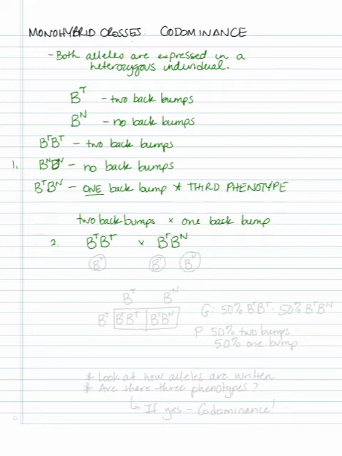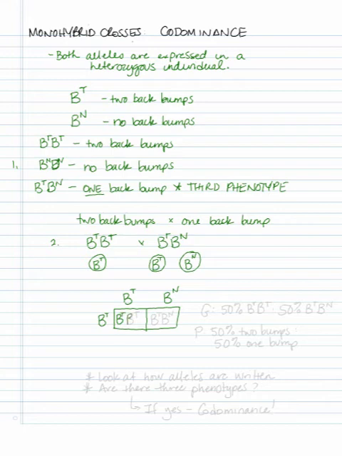Next, we've got to figure out the gametes. Well, this parent, since it only has BT, can only give a BT. And this one, when this chromosome splits during meiosis, you're going to get the possibility of having a gamete with a BT and a gamete that has a BN. So when I go and build my Punnett Square, I put one parent across the top, just like what I've always done. The other parent goes down the side, and you use that to help you build your square.